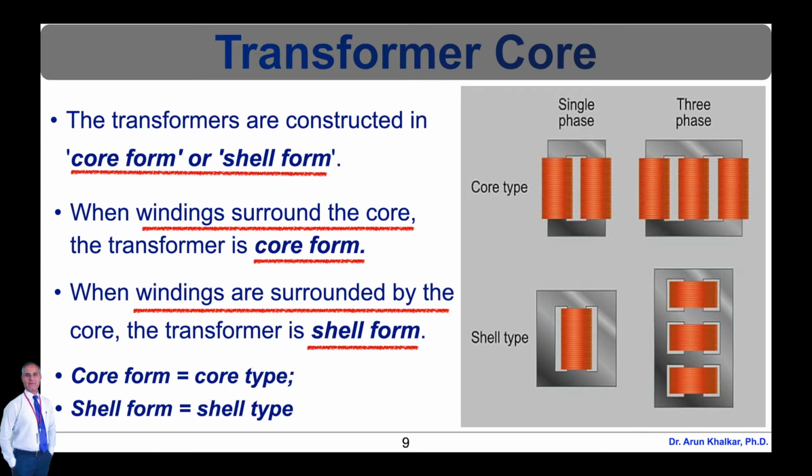Shell form design tends to be preferred for extra high voltage and higher megavolt ampere applications because, though more labor intensive to manufacture, shell form transformers are characterized as having inherently better kilovolt ampere to weight ratio, better short circuit strength characteristics, and higher immunity to transit damage.